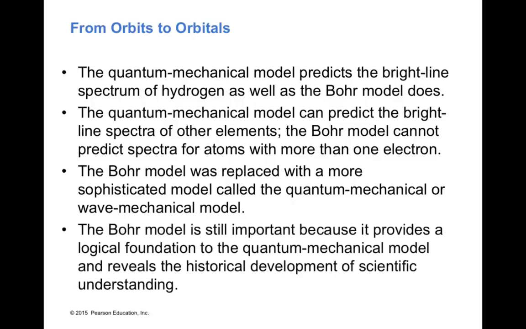The Bohr model is still important because it provides the logical foundation for the quantum mechanical model and reveals the historical development of scientific understanding. That's why we discuss a little bit about the Bohr model, even though these days the discussion of the behavior of electrons is based on the quantum mechanical or wave mechanical model.